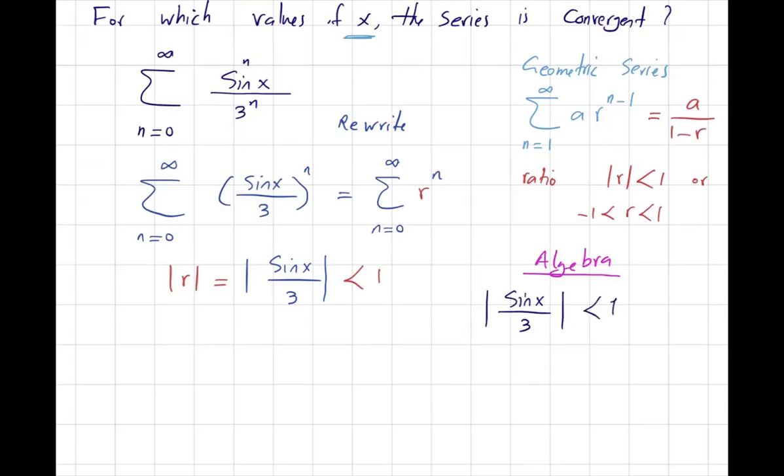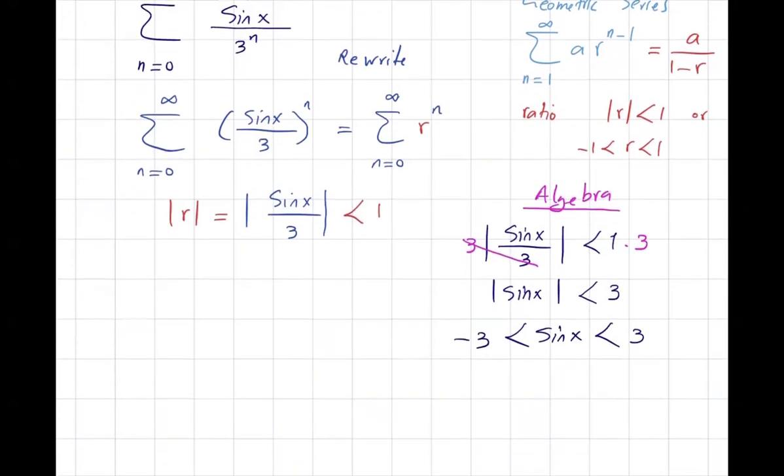Multiply both sides by 3 to get rid of your denominator. You end up with the absolute value of sine x less than 3, or sine x is bounded between -3 and 3. Well, as long as your x can satisfy this relation, then you are done.